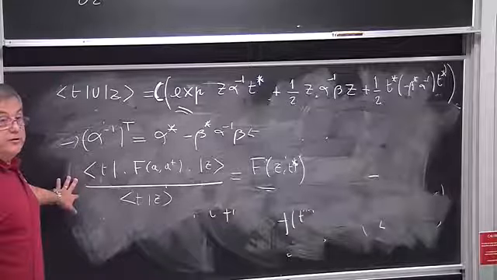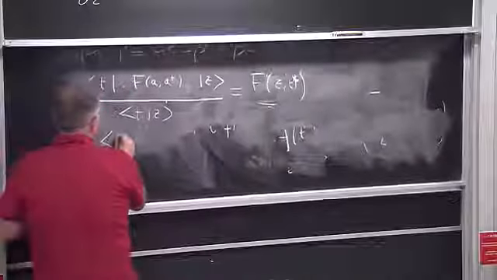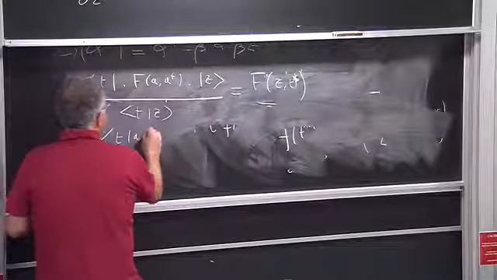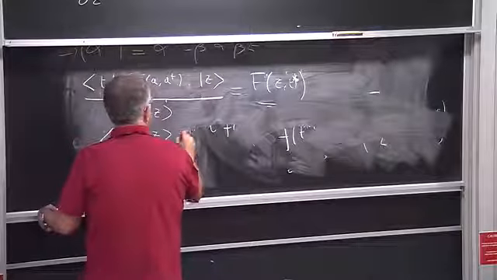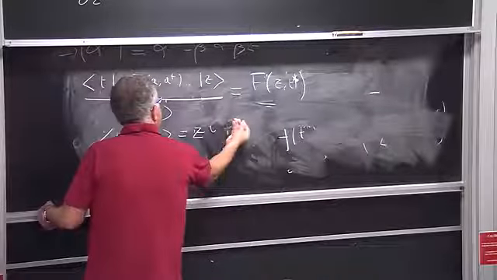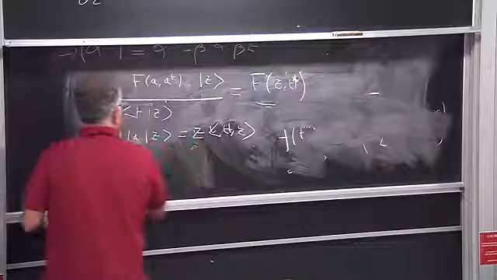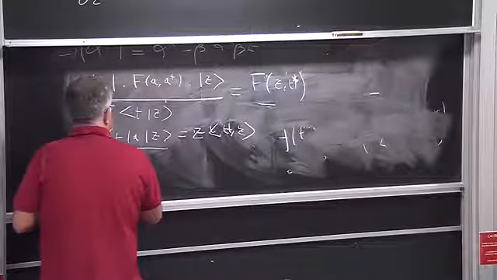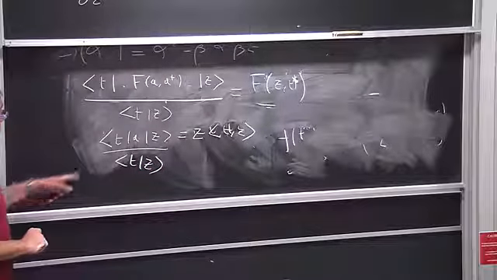Is it clear? Think of it. If you take, for instance, T, A, Z, what is this? This is Z, Tz. So Z is TAZ over Tz.